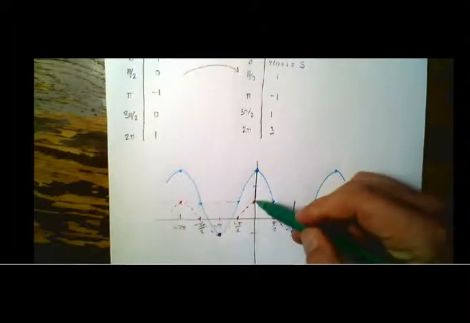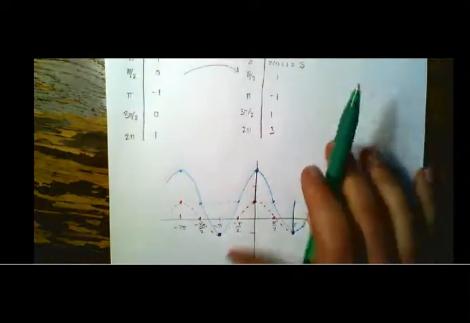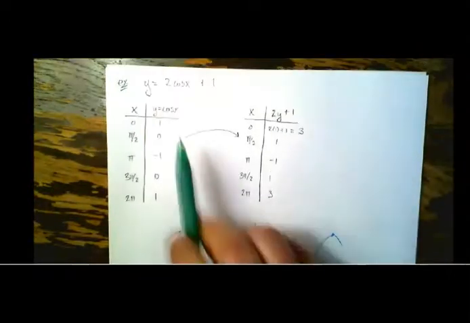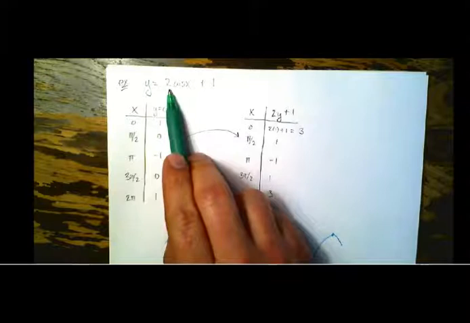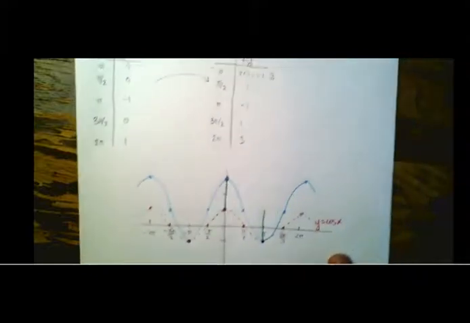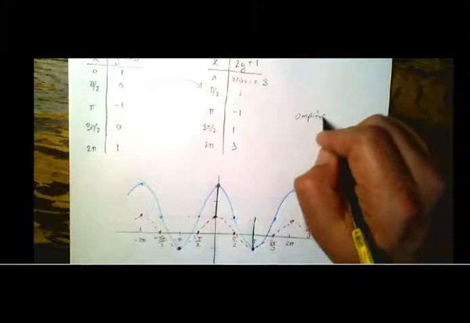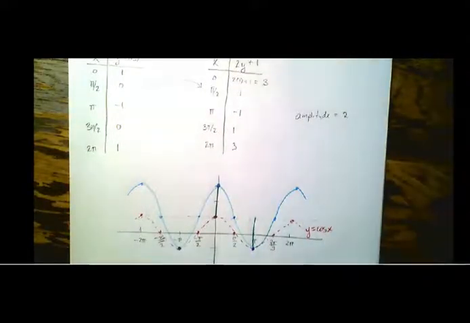So you can see that our amplitude is 1, 2. It's simply that number that is multiplying out in front. So our amplitude for the function would be 2. So let's write that. Amplitude is 2.